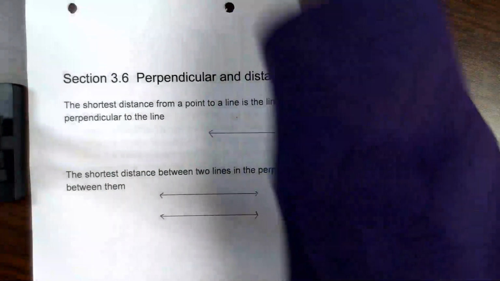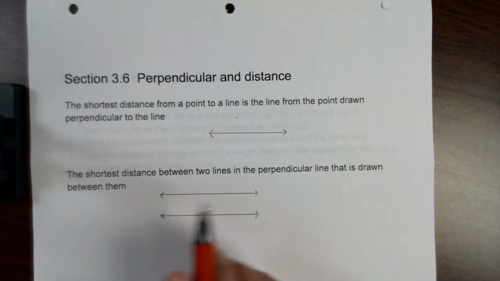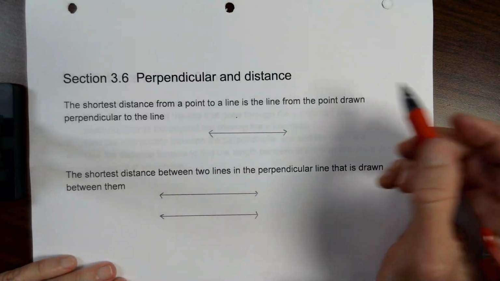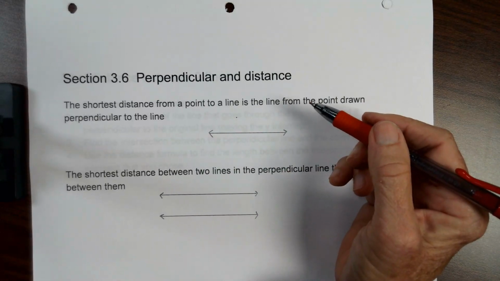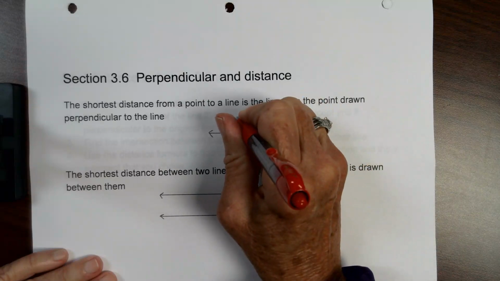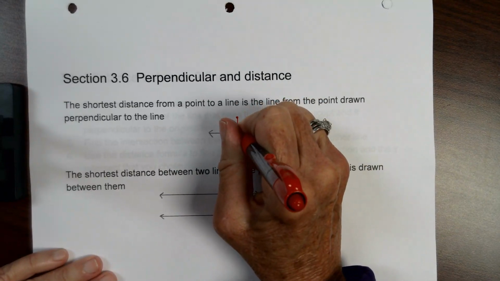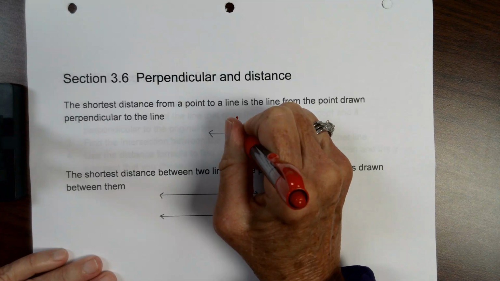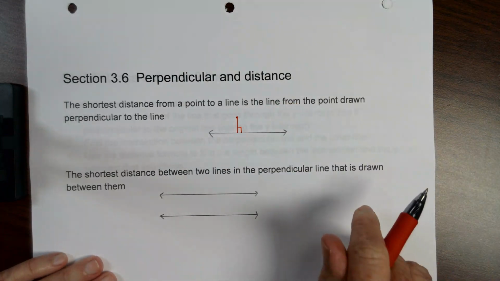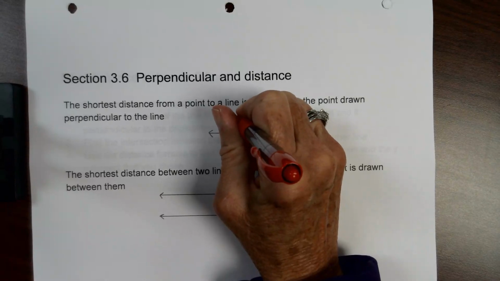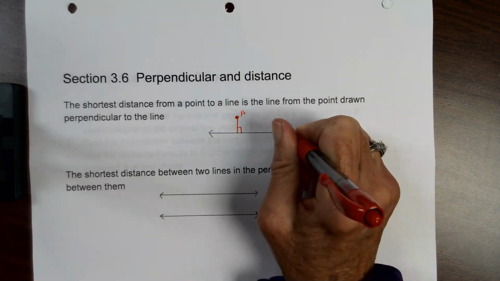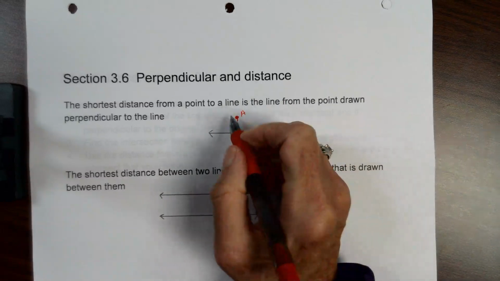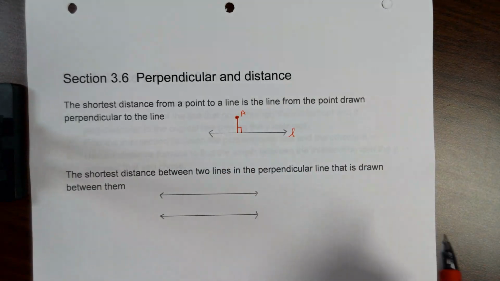All right, perpendicular and distance is section 3.6. The shortest distance from my point to a line is the line drawn from the point perpendicular to the line. So if I have this point up here and I want to draw it to line L, I need to draw a perpendicular line.